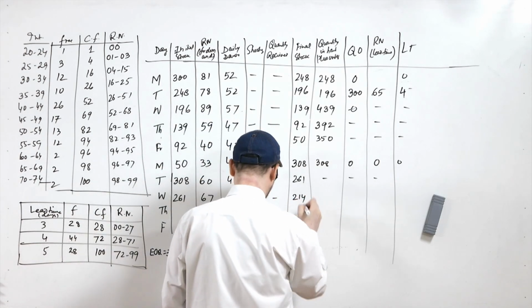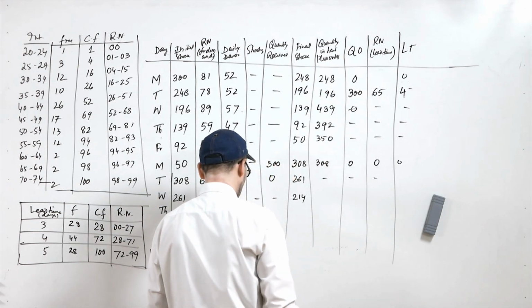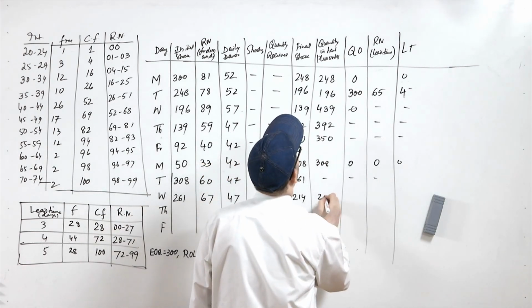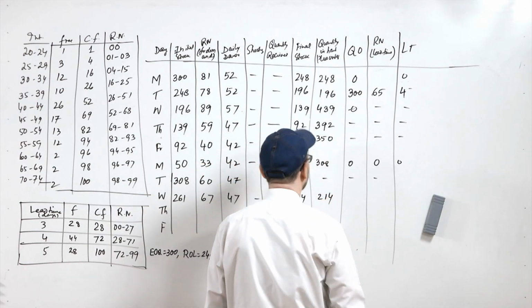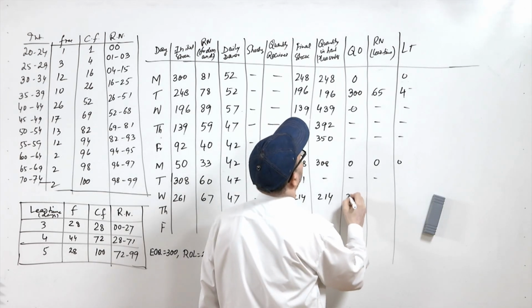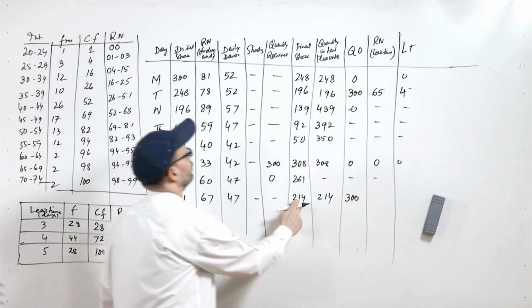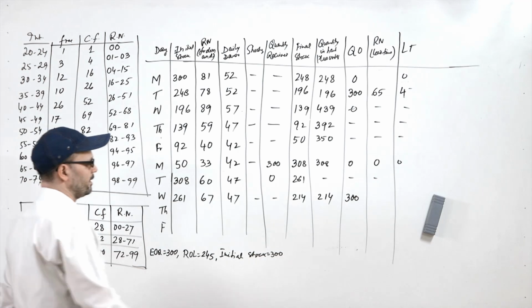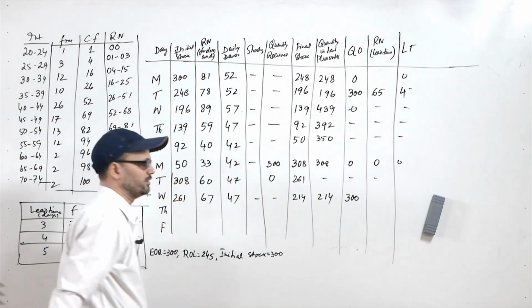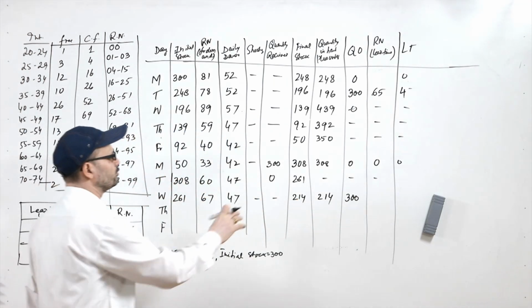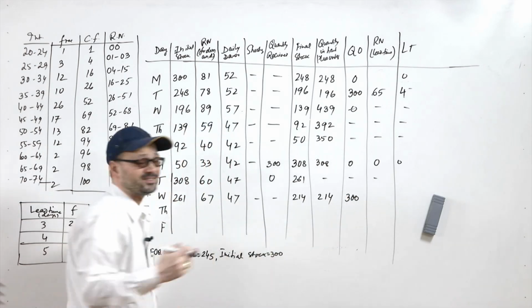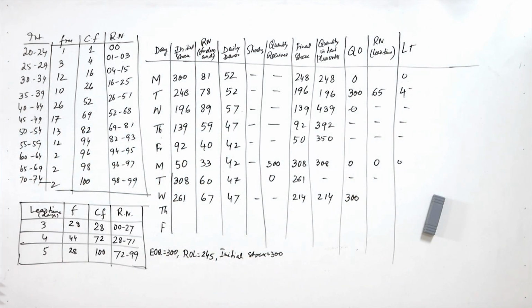So, 214 has come, and this is your in hand plus order, but now you have to order at this point, because it has reached below the reorder level of 245. So, you have to order further, and the next random number is from the bottom side.